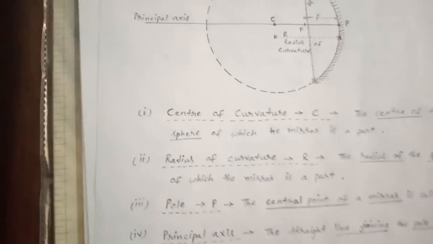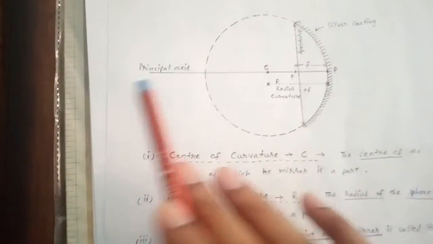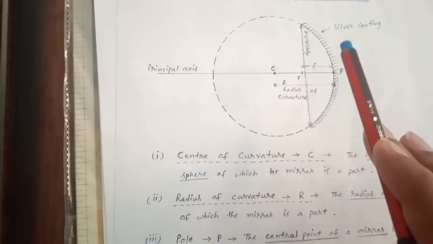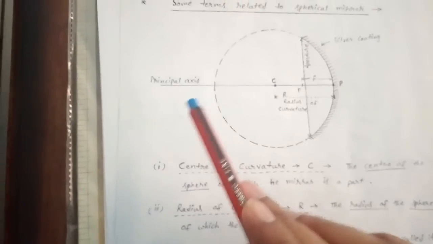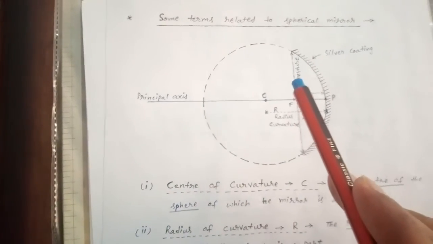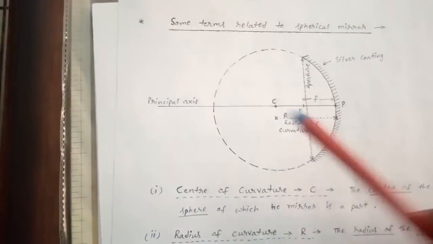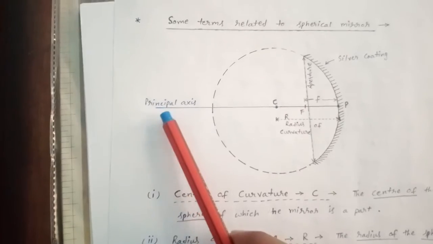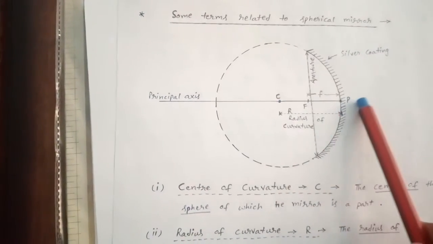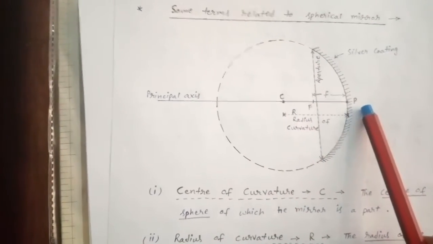Next one is the principal axis. Students, when the rays of light come from infinity or after striking the object towards the mirror, we need a reference line to draw and study those rays of light. That reference line is known as the principal axis, which is the line that passes through the sphere from the center to the pole of the mirror.